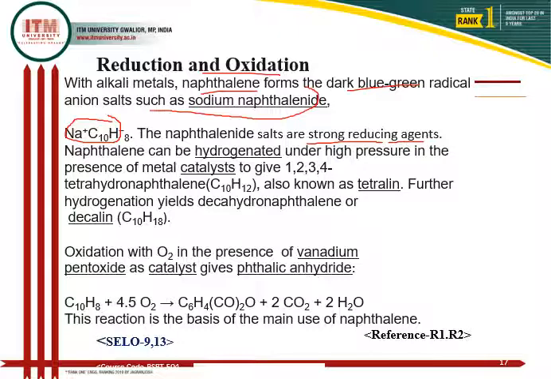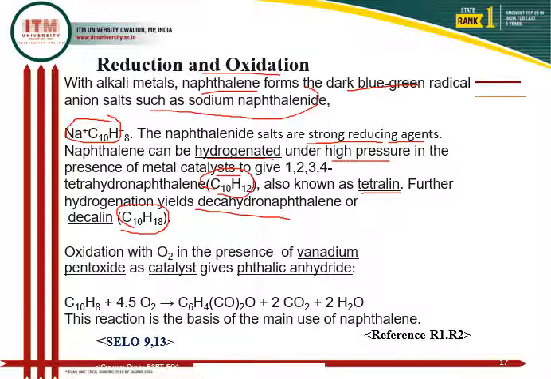Naphthalene can undergo hydrogenation reactions under high pressure in the presence of a metal catalyst to form tetrahydronaphthalene, that is C10H12, which is also known as tetralin. Okay, and the hydrogenation also yields decahydronaphthalene or decalin, that is C10H18.